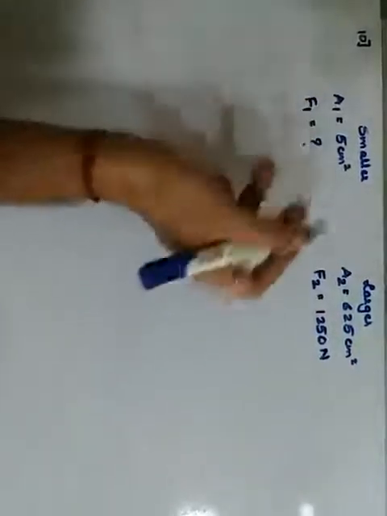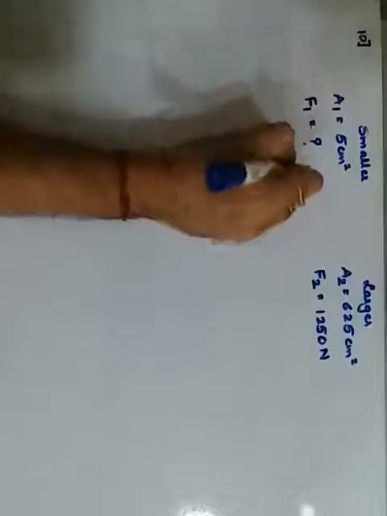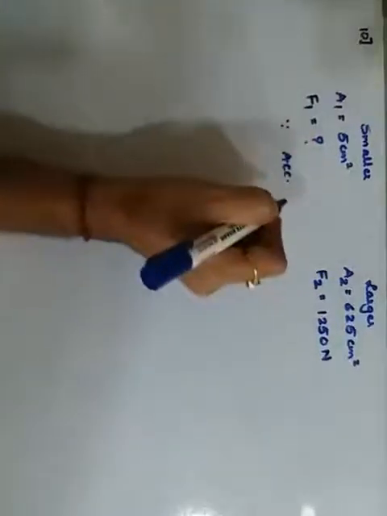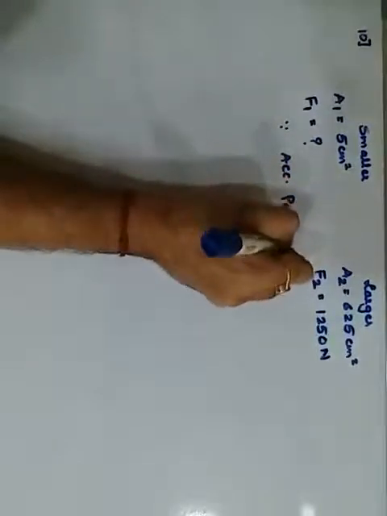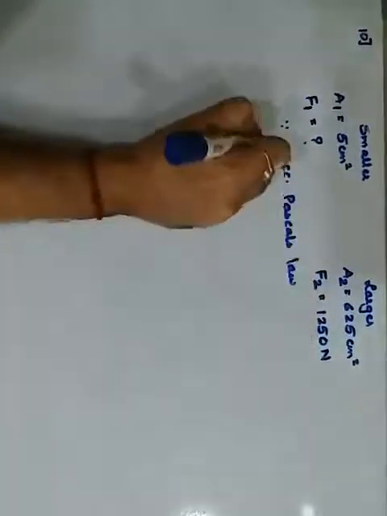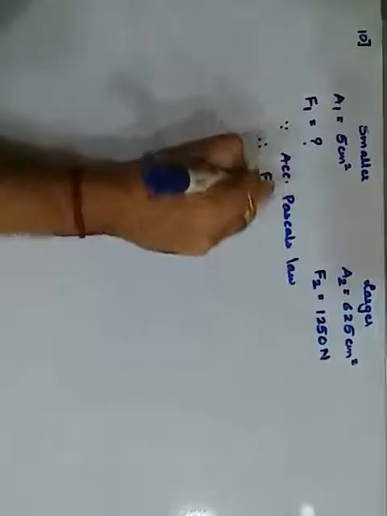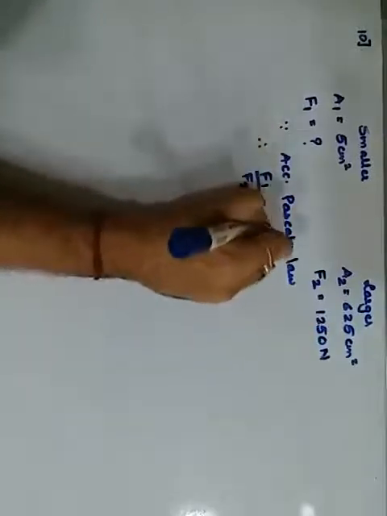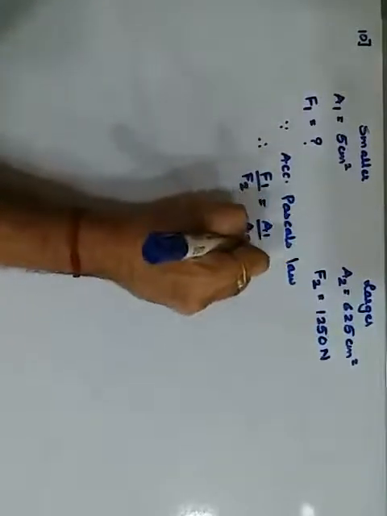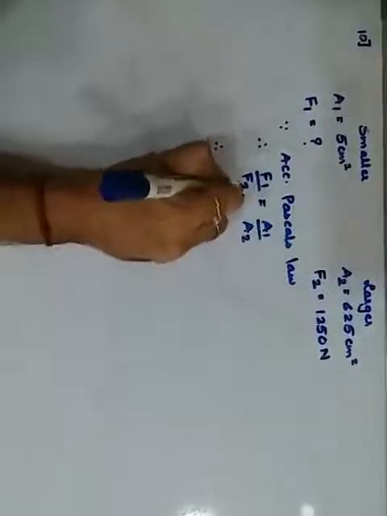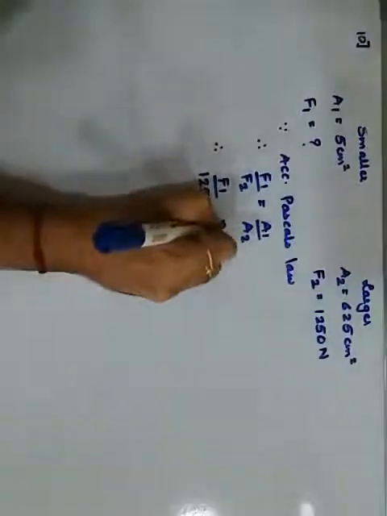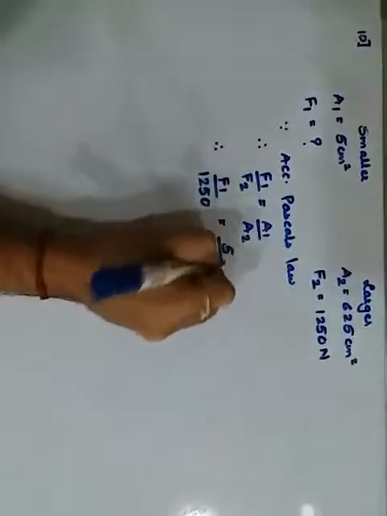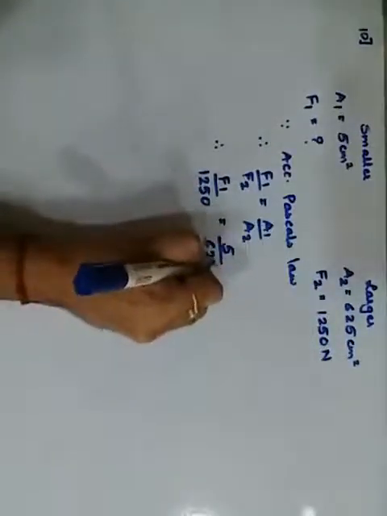So again, since it is a hydraulic machine, according to Pascal's law, we say that F1 upon F2 is equal to A1 upon A2. Let's substitute the values. F1 we require, F2 was given as 1250, equal to A1, which is 5 centimeter square, upon A2, which is 625 centimeter square.